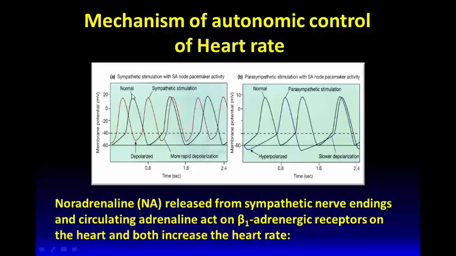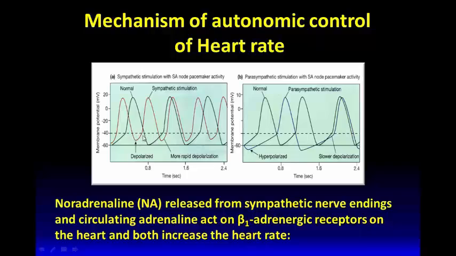So this is the normal heart rate with normal sympathetic stimulation, the one in black color. The one in red color is the pacemaker activity with sympathetic stimulation.